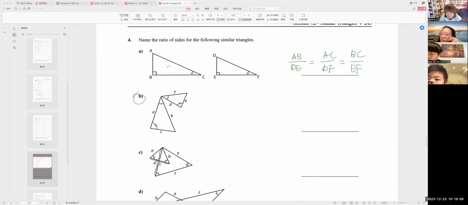Okay, number B. Number B, I want you to try to do this, everybody, and give me the exact answer. So A to what equals B to what equals C to what, okay?